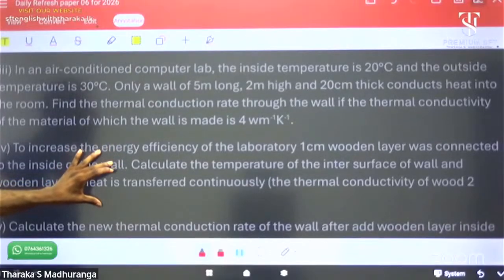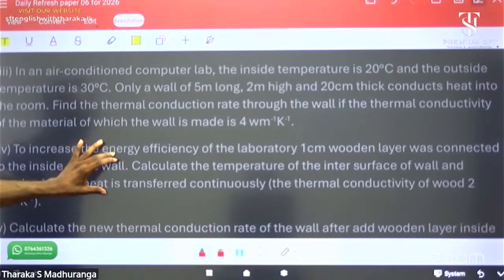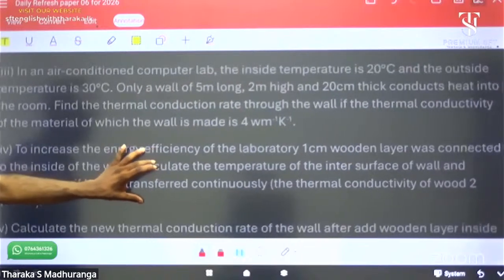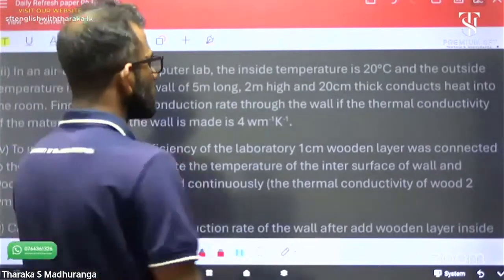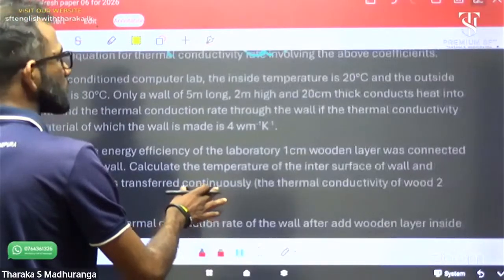Find the thermal conduction rate through the wall if the thermal conductivity of the material which the wall is made of is 4 watt per meter per Kelvin.